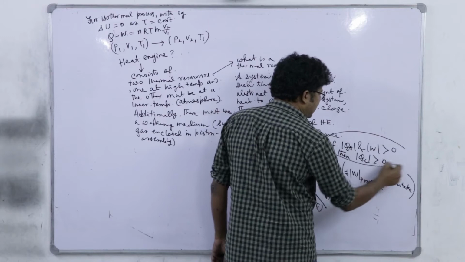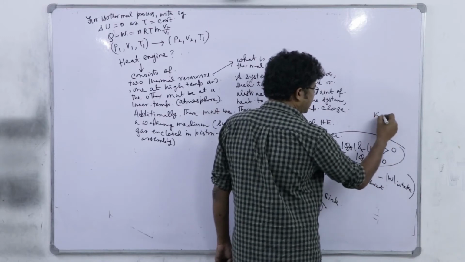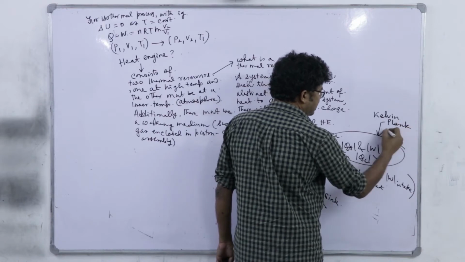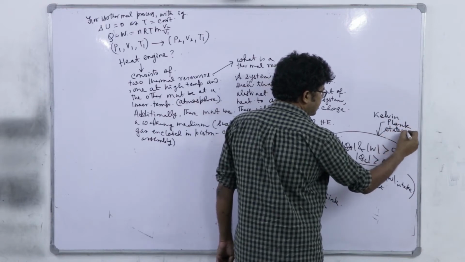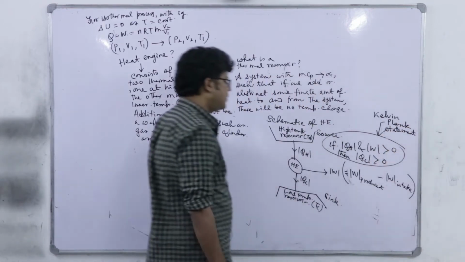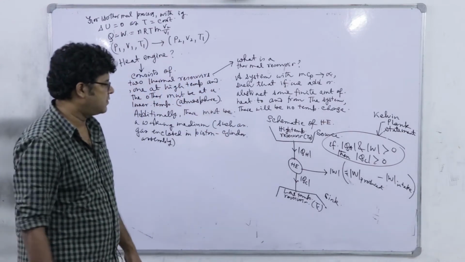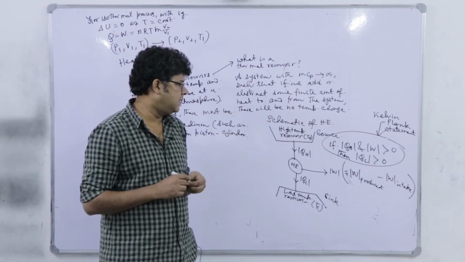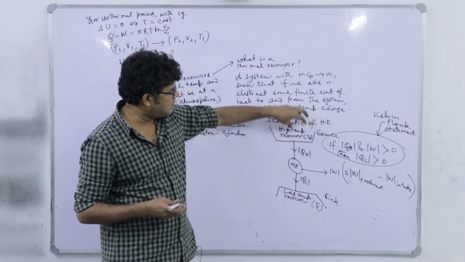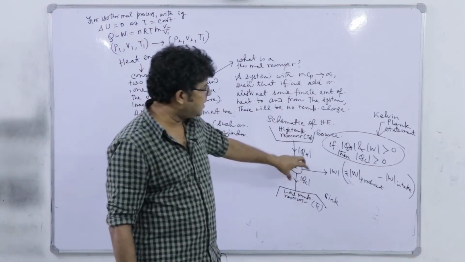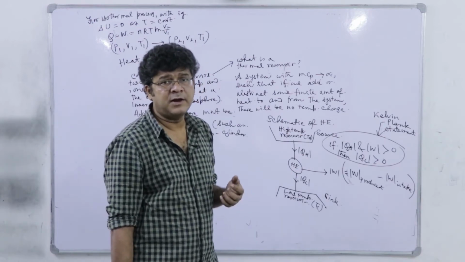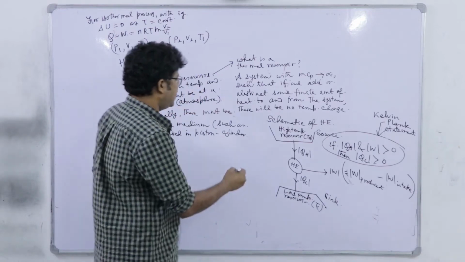This is basically the Kelvin Planck statement in simple form. Now, how much work is being produced, and what is the conversion efficiency of this heat intake into work? That must be a performance rating parameter of this heat engine, and we call it efficiency.